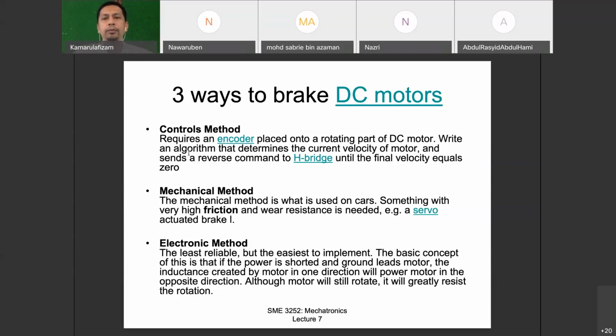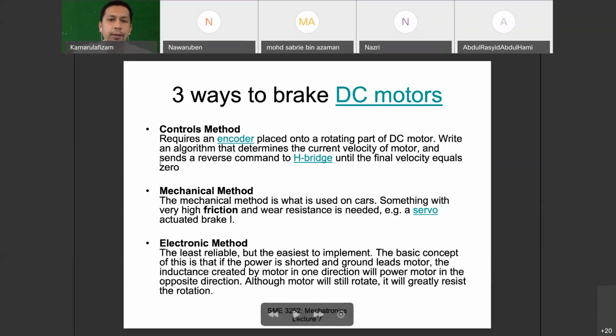Let's say if you give the first supply plus and minus like so, the motor spins clockwise. If you switch the polarity plus and minus compared to the initial supply setting, you will reverse the motor's rotation to counterclockwise, and this reversing process will do the braking.